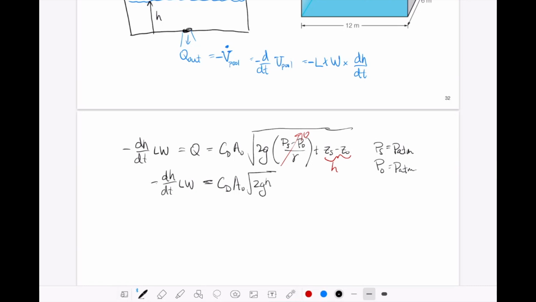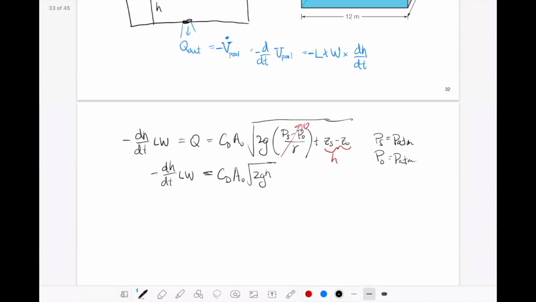So we have to rearrange and we have to integrate. What we can do is multiply both sides by dt, and we're left with negative dh, and we move the square root of h to the left-hand side, so we have over square root of h, is equal to, we'll move all the other terms to the right, CD A0 divided by L times W times square root of 2g times dt.